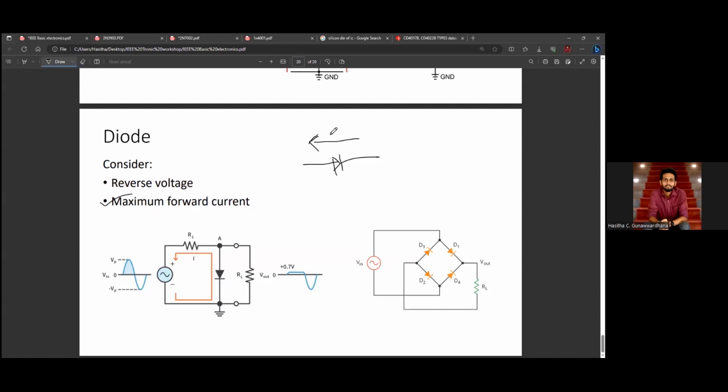But if we increase this voltage after some value, this resistance will break down and the current will start to flow in this direction as well. That will definitely damage a normal diode. So the voltage value required to break this resistance in the reverse direction is given as this reverse voltage.